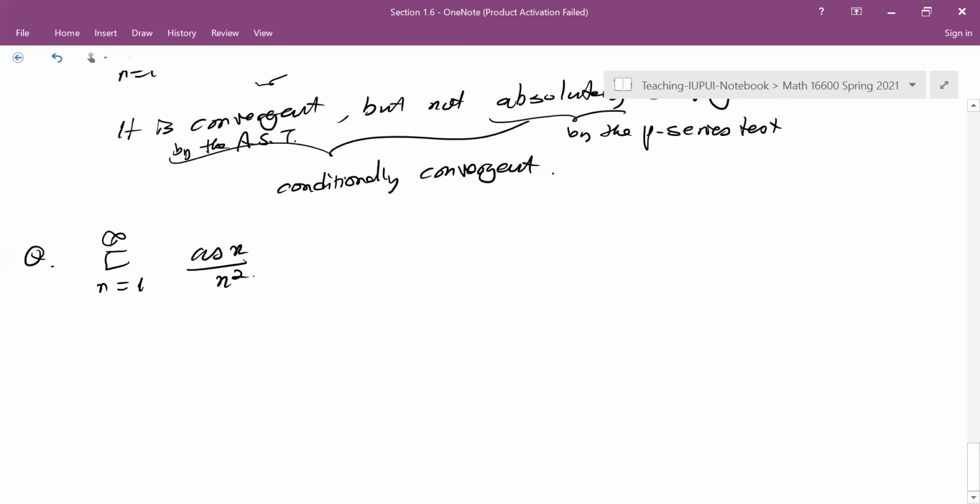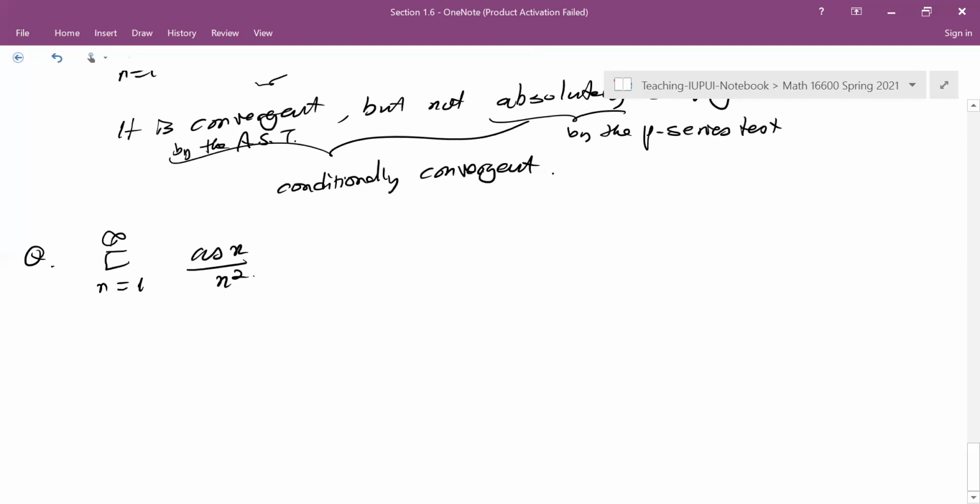First of all, cosine n changes sign sometimes, so I cannot tell if it's an alternating series or not.